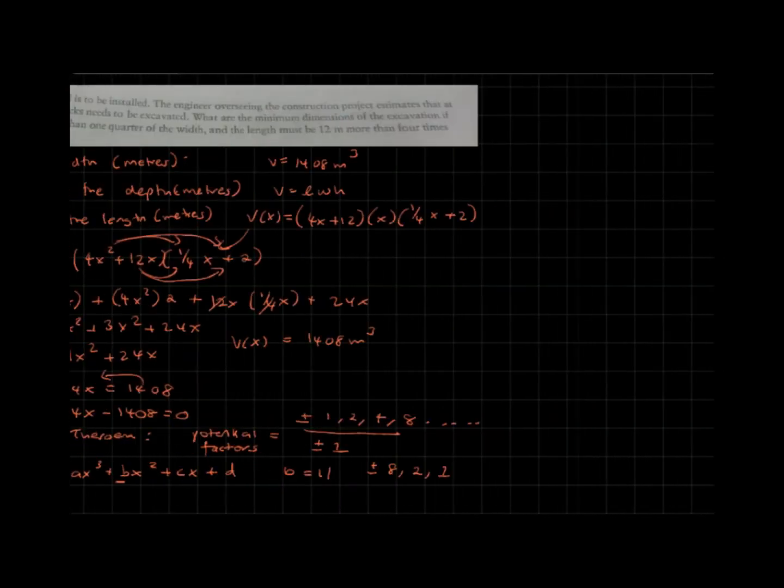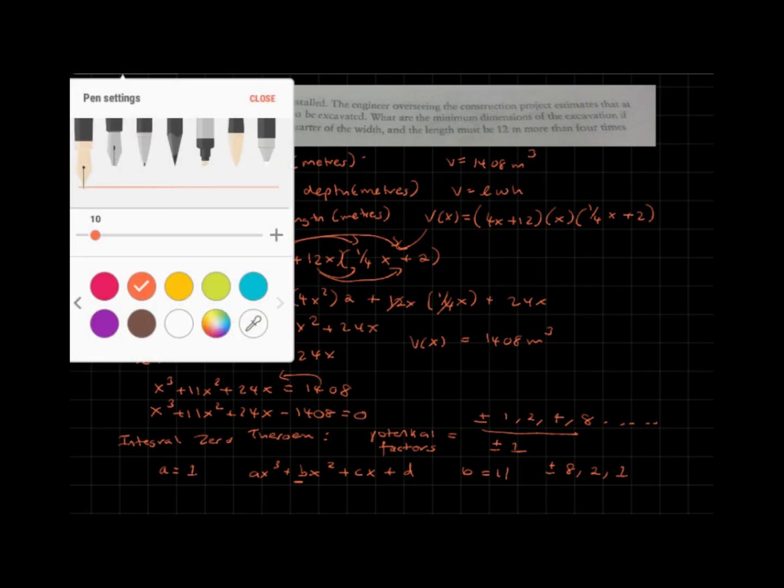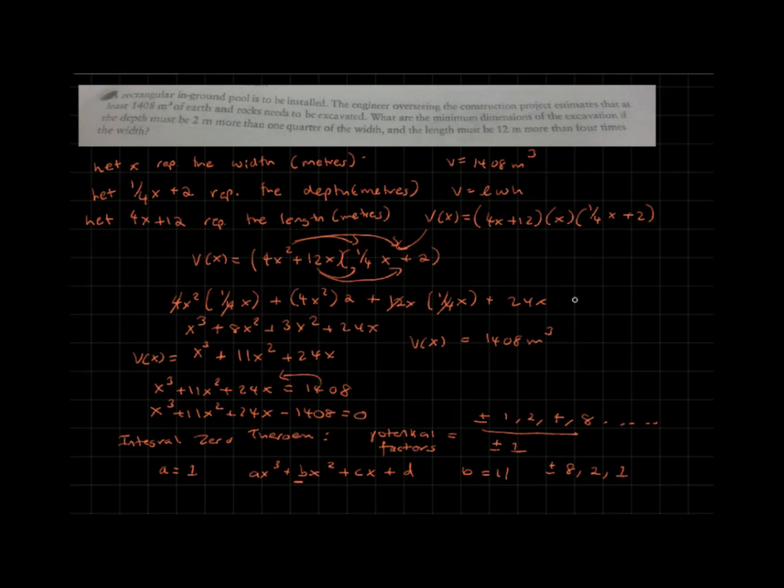Let's go back to there. In order to do that, I'm going to test each case out, right? So I'm going to do f of 1, and if I do f of 1, I get negative 1,372. Basically I'm plugging it into my equation here, right?